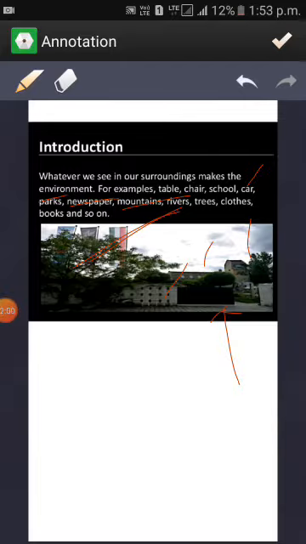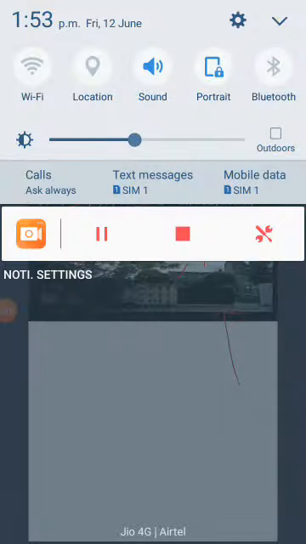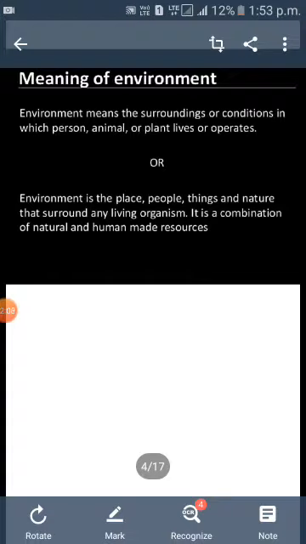In short, we can say whatever is found in our surroundings makes up the environment. So we can now easily define environment. Environment means the surroundings or conditions in which a person, animal or plant lives or operates.